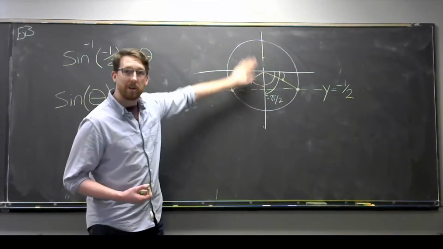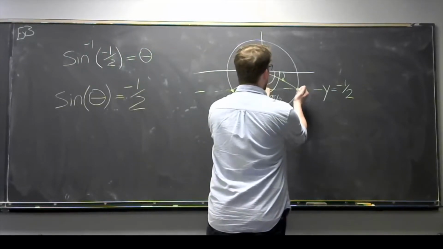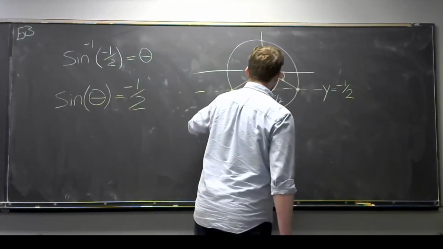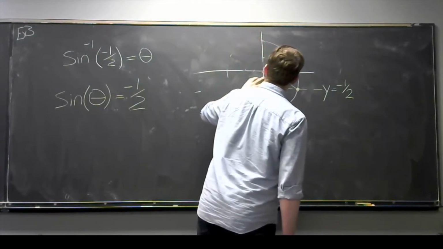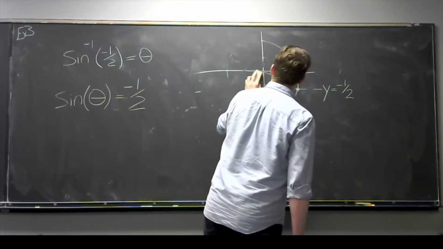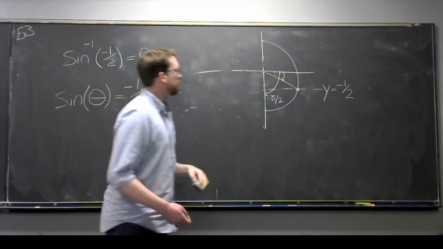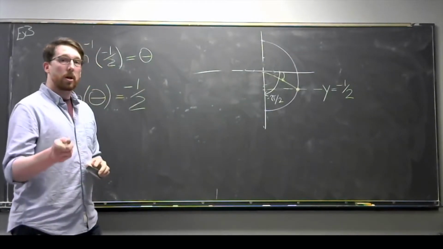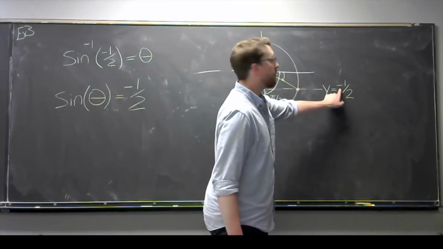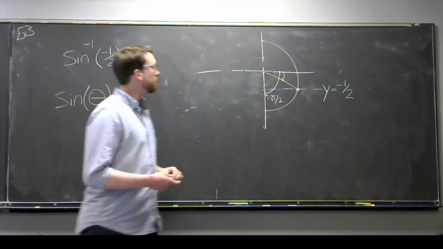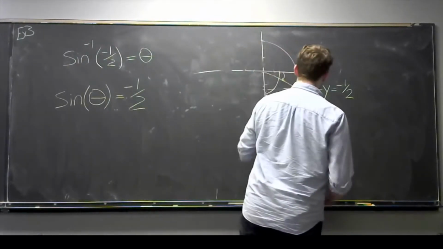We shouldn't even think about it. We should only be looking at angles that answer our question on the right half of the circle. The only way we can possibly get y equal to negative 1/2 on the right side of the circle is with this angle right here.